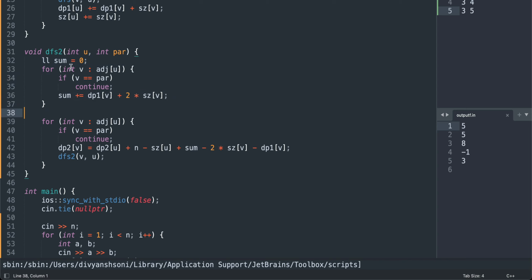Go to v, size of u, if v is parent continue, otherwise add this value, dp1 of v plus 2 times size of v.